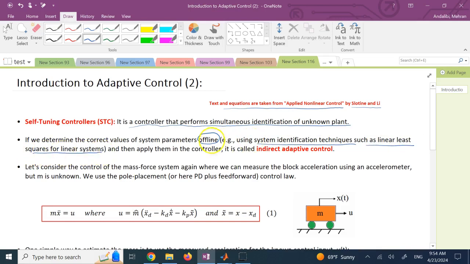Then once you find these parameters ahead of time and apply those parameters in the controller, that is called indirect adaptive control. That is not what we're going to discuss in these lectures.